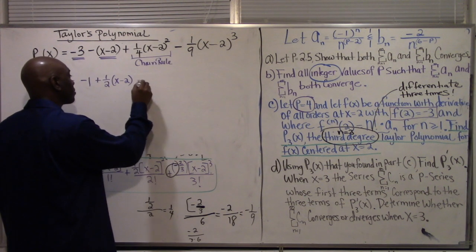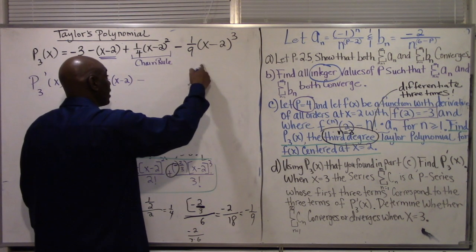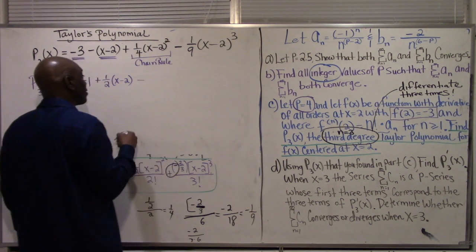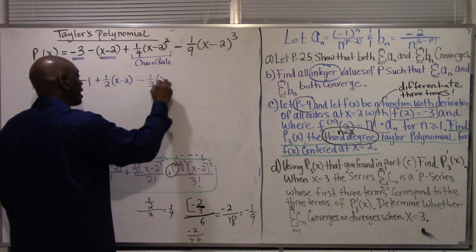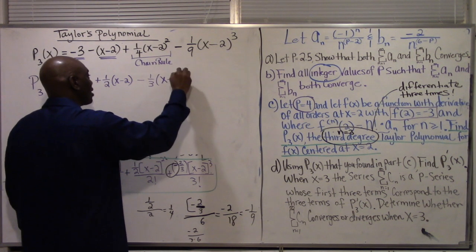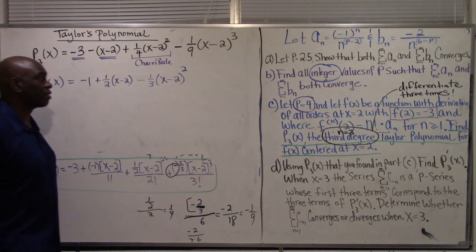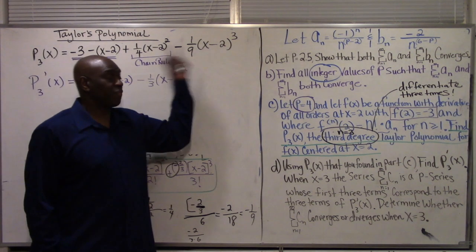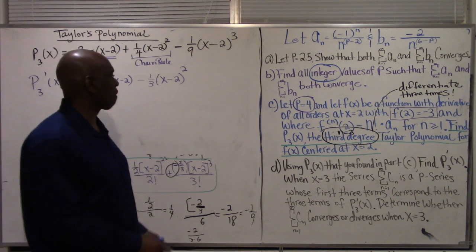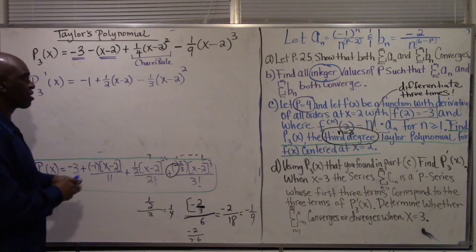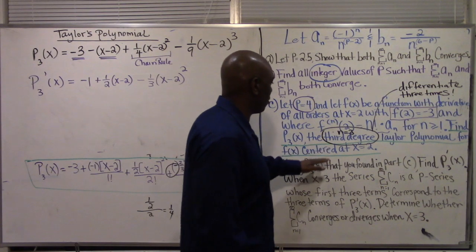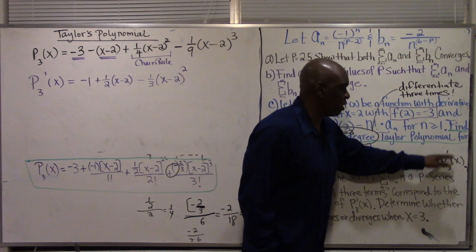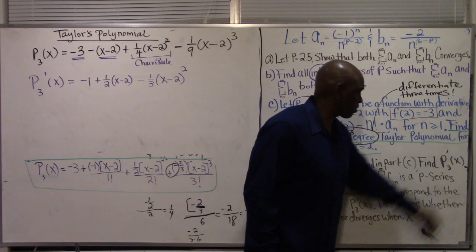Minus the derivative here, again chain rule, 3 times 1/9 is going to be 1/3 times x minus 2, quantity squared. And then the derivative of the inner, x minus 2, is just 1. So this takes care of find p prime of x.